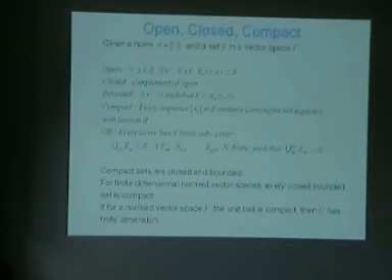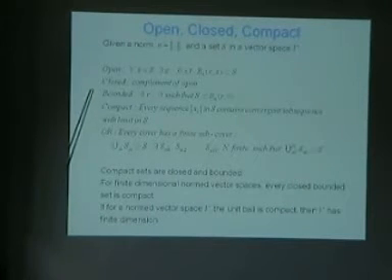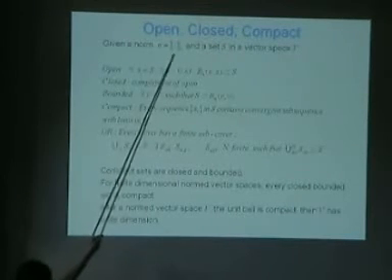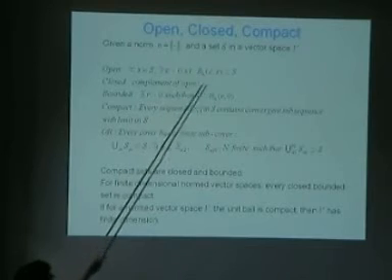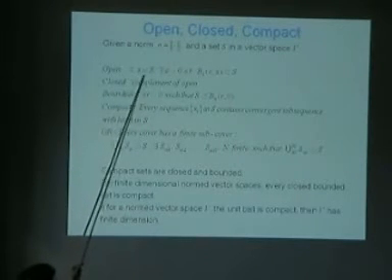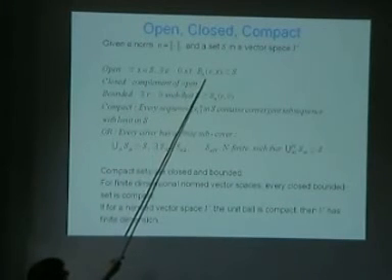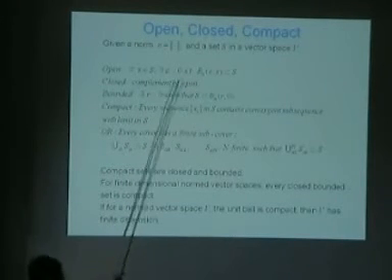So there's a few more definitions. Just one slide first. I'm going to define open, closed, bounded and compact sets. Given some norm and some set in a vector space, by an open set I mean for any x in this set, there is some epsilon, which is positive, such that the open ball around x is in the set.